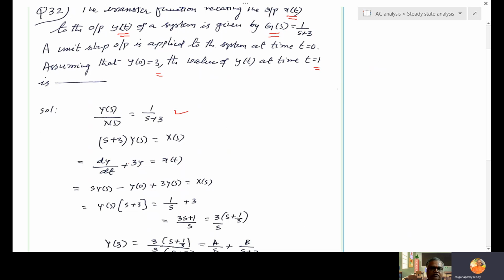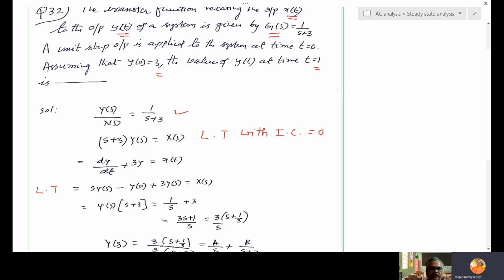If you apply Laplace, you will get this, the Laplace transform with initial conditions 0. Now we got the differential equation. Now again apply Laplace transform.